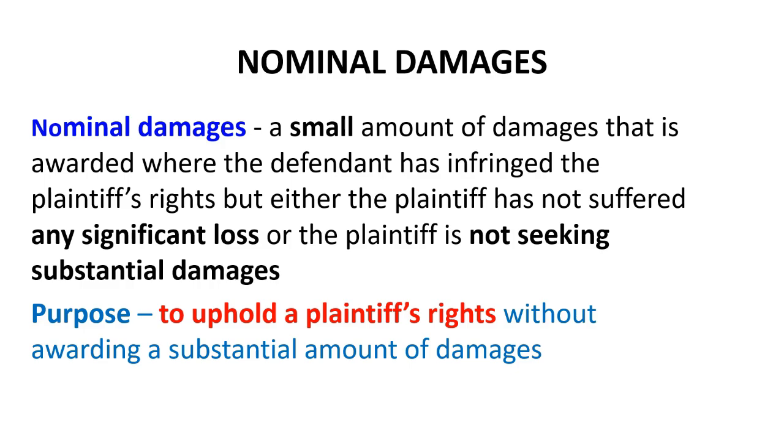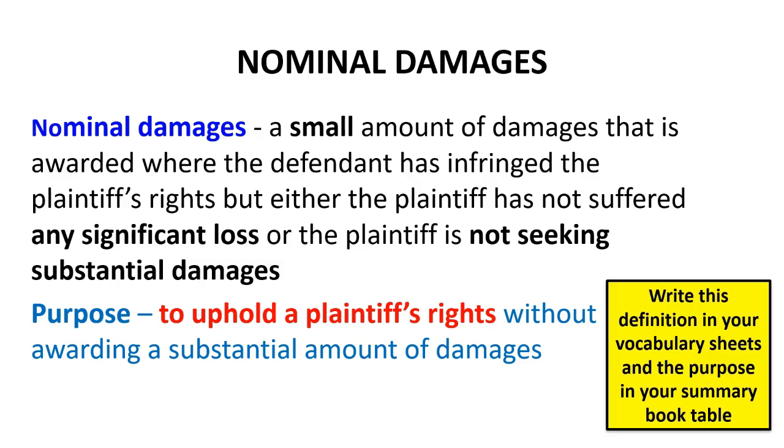The purpose of nominal damages is to uphold a plaintiff's rights without awarding a substantial amount of damages. Look down the left-hand side of your vocabulary sheets, find the term nominal damages and write this definition in there. Then write the purpose of nominal damages in the middle column of your summary book table.